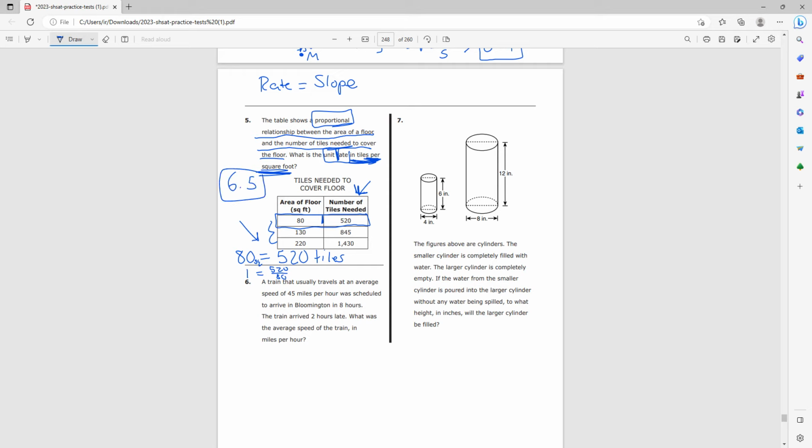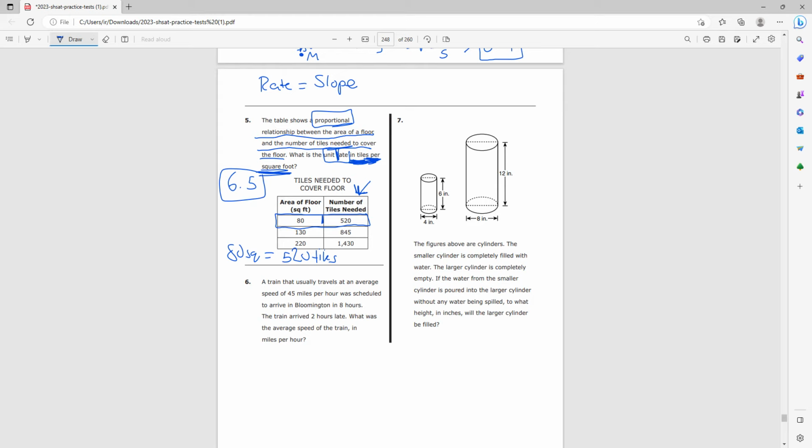So in other words, we looked at the problem and figured out what it was asking us. We knew that 80 square feet was equal to 520 tiles, and it was asking us the unit rate, so the slope in tiles per square foot.